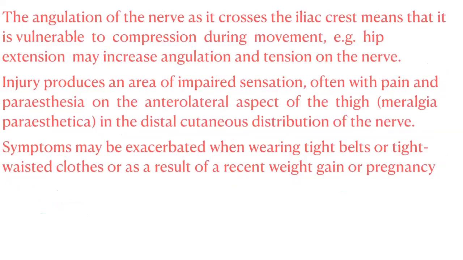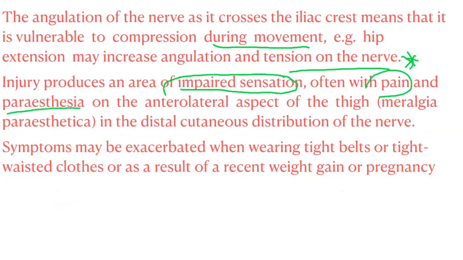The angulation of the nerve as it crosses the iliac crest means that it is vulnerable to compression during movement. Hip extension may increase angulation and tension of the nerve. Injury produces an area of impaired sensation, often with pain and paresthesia on the anterolateral aspect of the thigh. So it is called meralgia paresthetica.